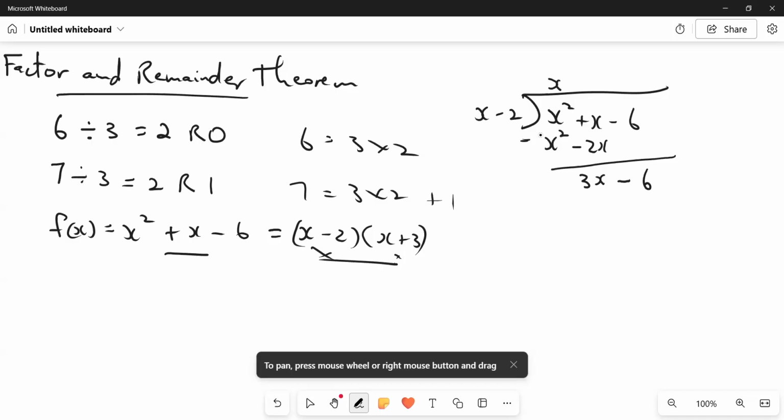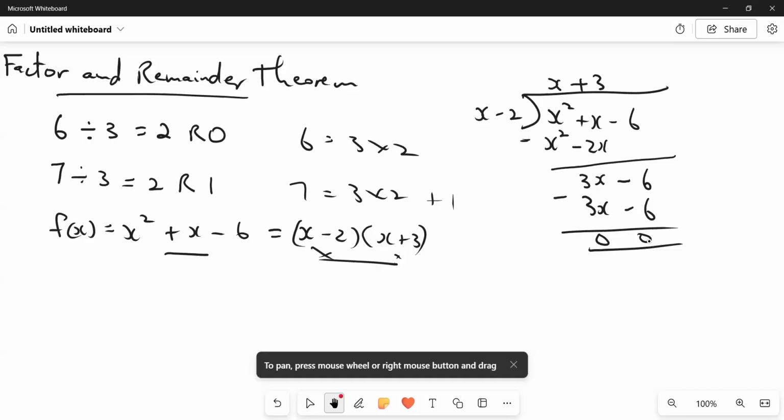Now you do long division, as you call it. x into 3x, you get 3. x by 3 gives 3x, and minus 2 by positive 3 gives minus 6. If I subtract here, look at what happens.